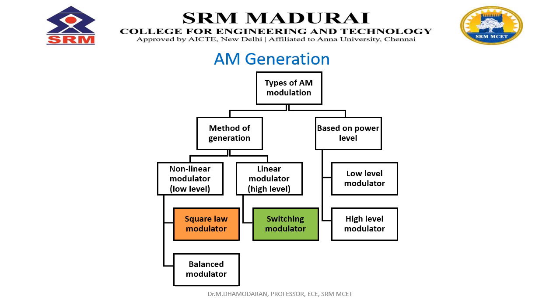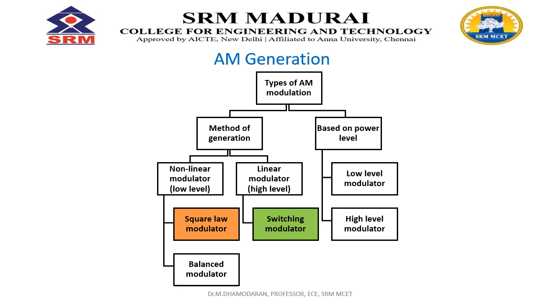The non-linear modulator is used for low level communication, and the linear modulator is used for high level communication. For low level communication we use the square law modulator. Another method is balanced modulation. In linear modulation we use the switching modulator.